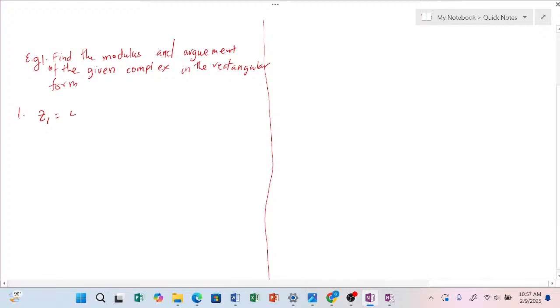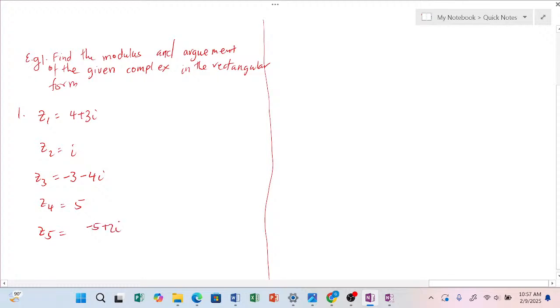So the first one we have is 4 plus 3i. Second one we have i. Third one, let me get some examples from my note, we have minus 3 minus 4i. We have z4 to be equal to 5, and z5 to be equal to minus 5 plus 2i.